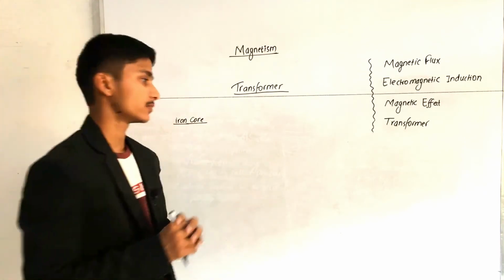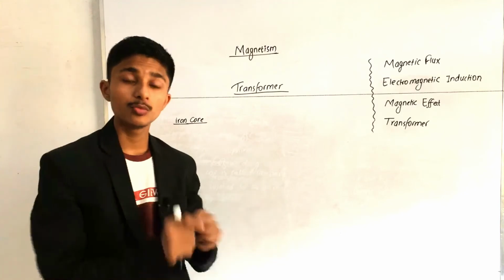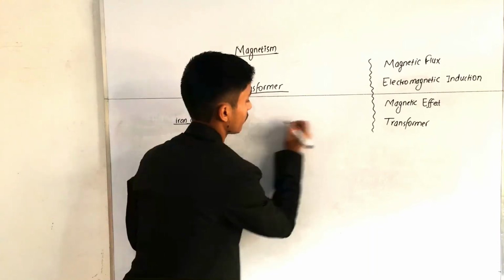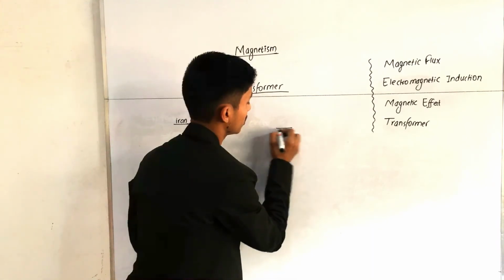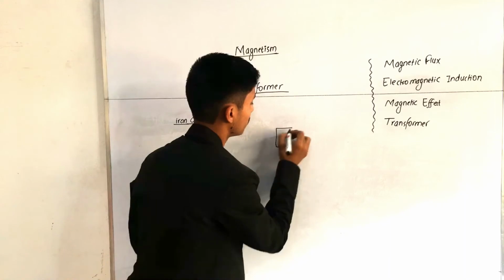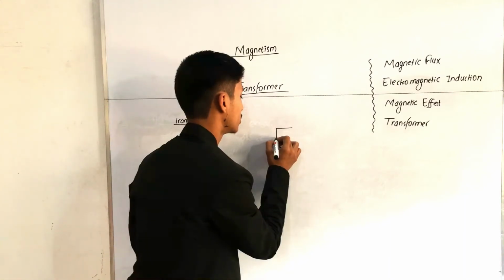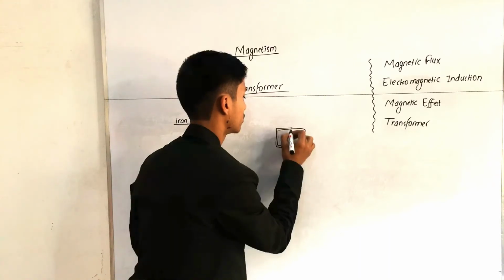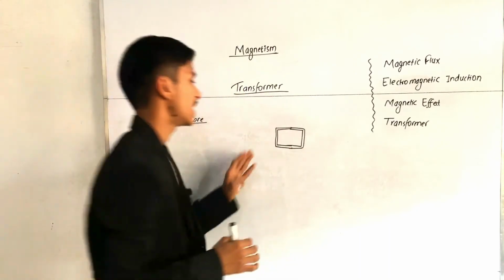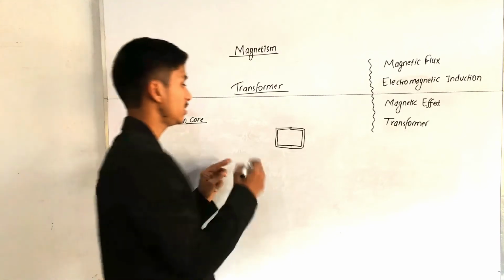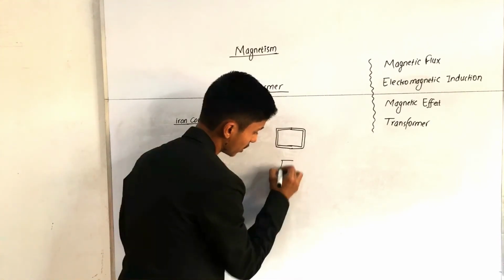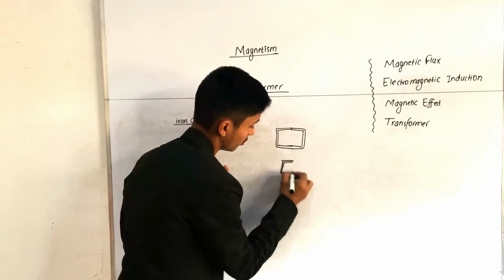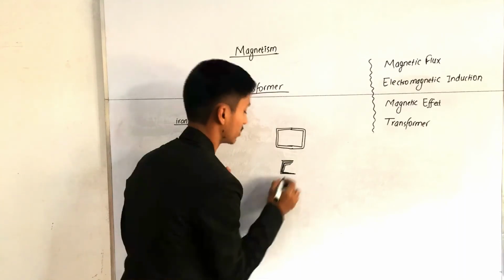You may have seen that a transformer is made of several E shapes like this, many E slots of iron, overlapped one after another.